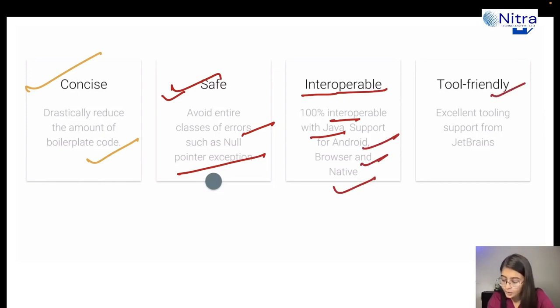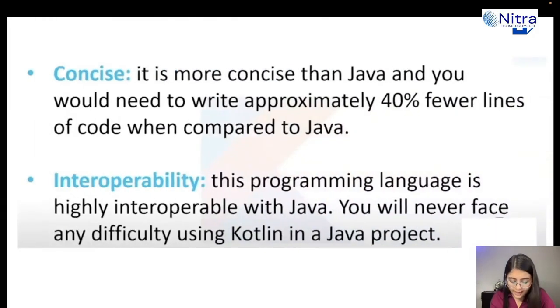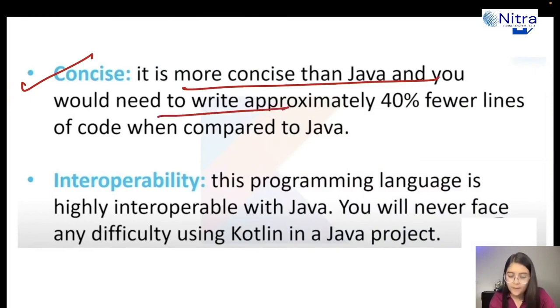And it is tool friendly. It provides excellent tooling because it is coming from JetBrains, and JetBrains has a good history of providing good IDEs, good languages, etc. So it is concise. Compared to Java, you would need to write approximately 40% fewer lines of code.